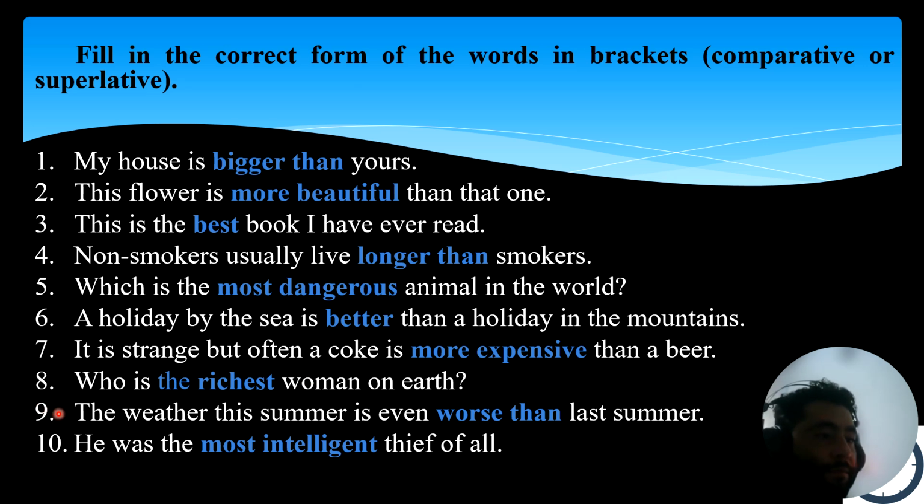Number nine, the weather this summer is even worse than last summer. We talk about two summers from different years. And the last one, he was the most intelligent thief of all. In this case, we have "of all," talking about a group of thieves.